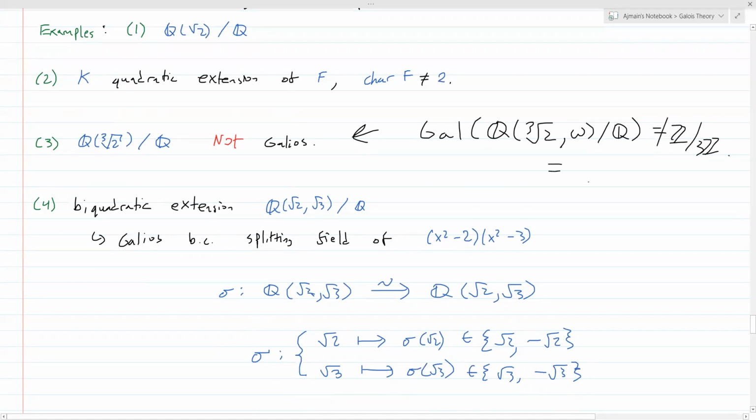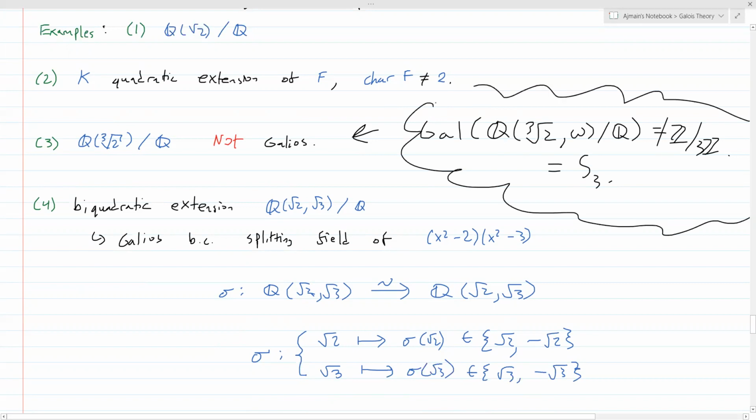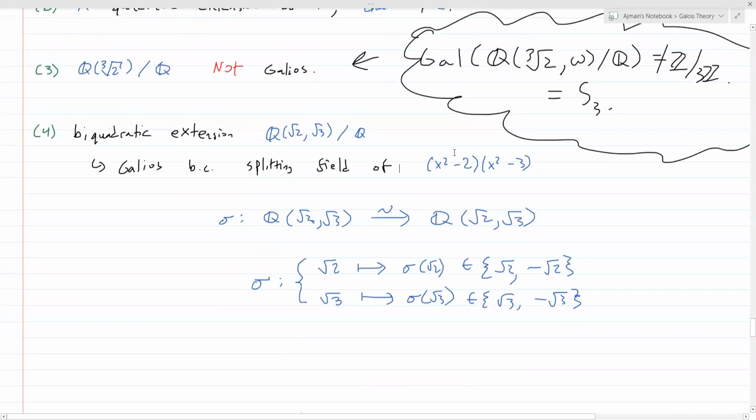It should be S3, the symmetric group on 3 letters. I'm just correcting myself. Let's get back to this explanation.